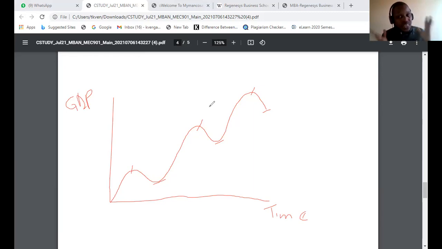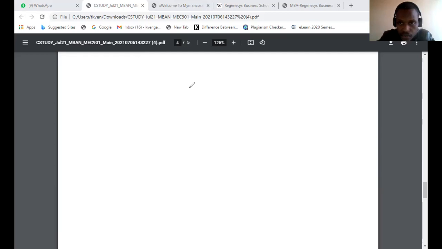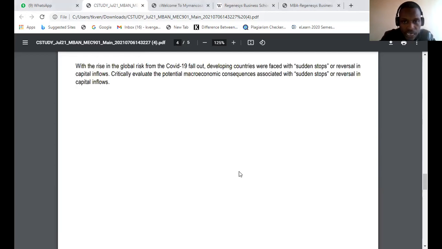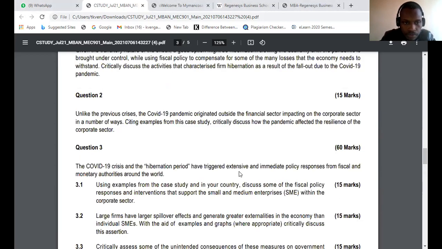So that's basically where the theory part is. The theory is the business cycle, and you're trying to answer what activities will you find in that specific part of the business cycle, which is the declining stage or the slowing down stage of the economy. Okay. All right. So let's try to answer it.